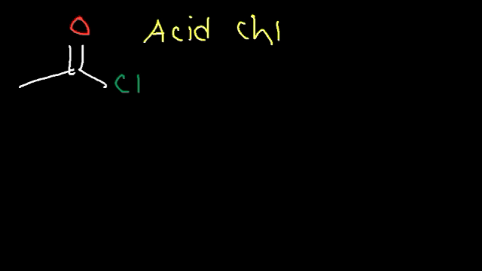Now, the next functional group that we're going to go over is the acid chloride. So acid chlorides look like carboxylic acids, but instead of the hydrogen, you have a chlorine. And they're fairly reactive.